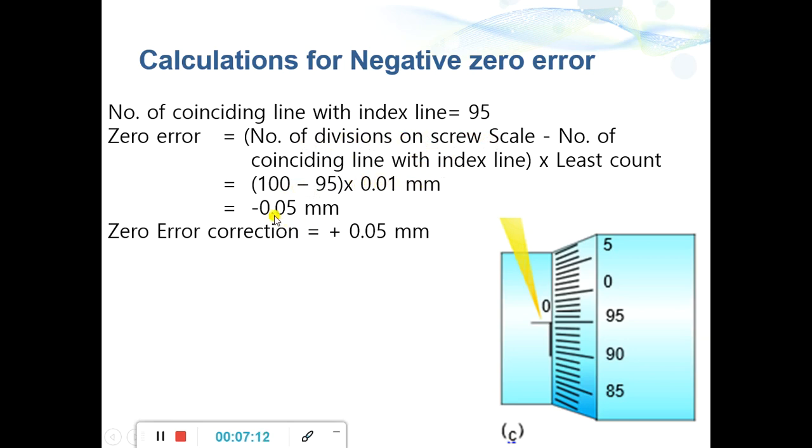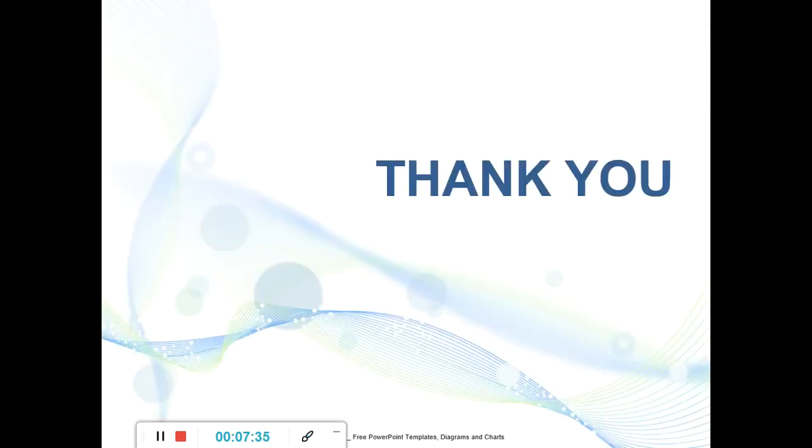So the negative zero error here is negative 0.05 millimeter, and zero error correction is positive 0.05 millimeter. And if there is some zero error in our instrument, we have to add zero error correction in the value. Thank you for watching.